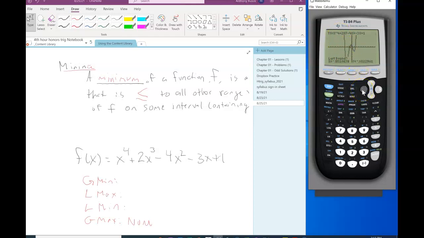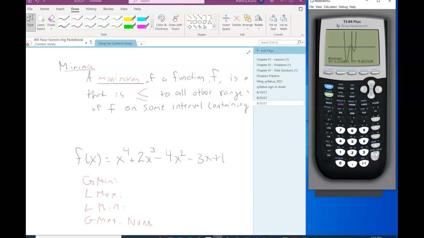I'm just going to use the left arrow to move my cursor. That looks good right there, and I'll press enter. Next, it asks for a right bound, so I'm going to move my cursor over to this part of the graph and press enter. Really anywhere over there is okay. Then it says a guess. As long as my interval includes only one extrema, the guess doesn't matter, so you can just press enter.